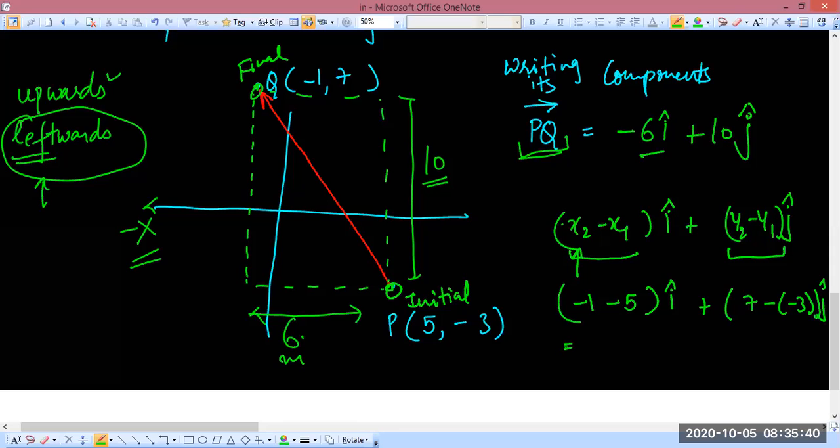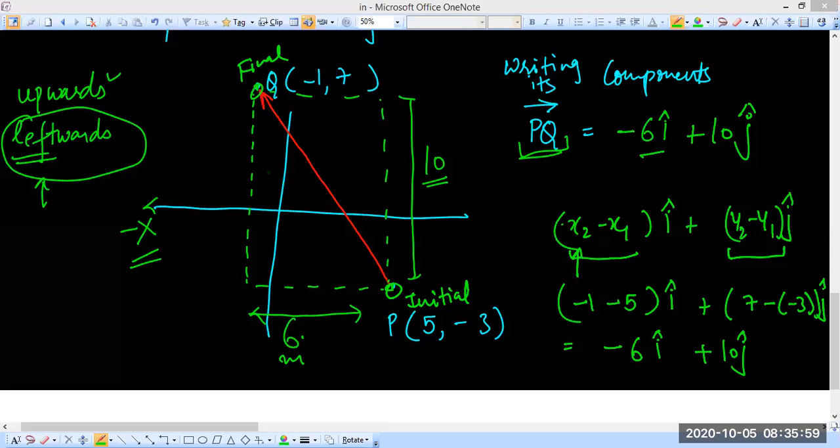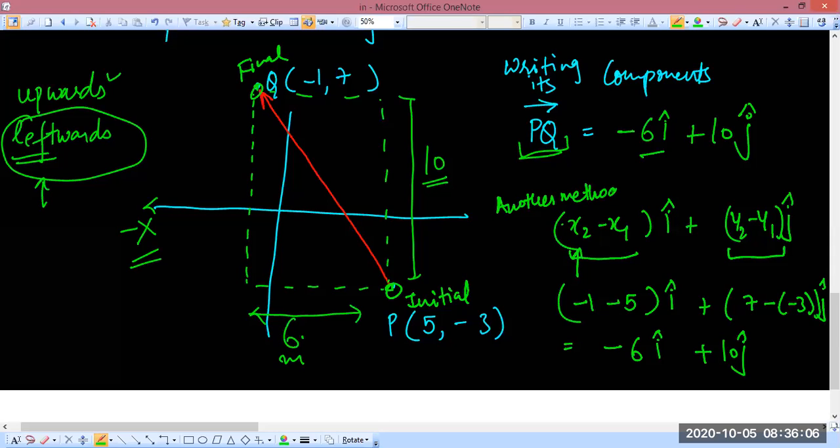I hope you understood this. So we get minus 6 i caret and plus 10 j caret. Yes, very good, Vedant. Good observation. You learned something very important. So this is another method. We are going to discuss this method in full detail sometime later.